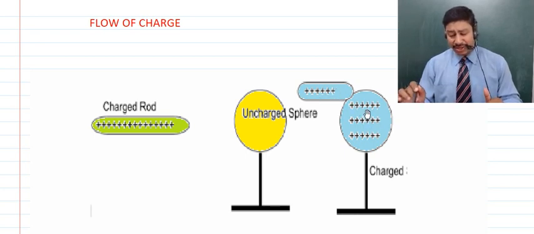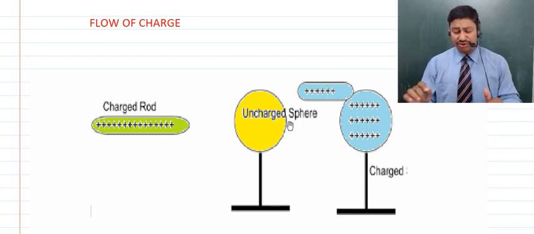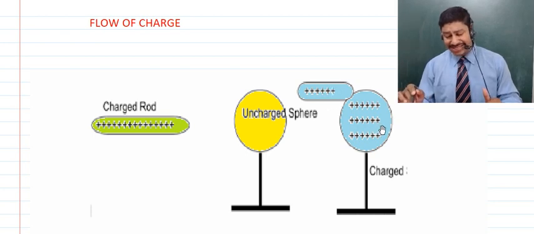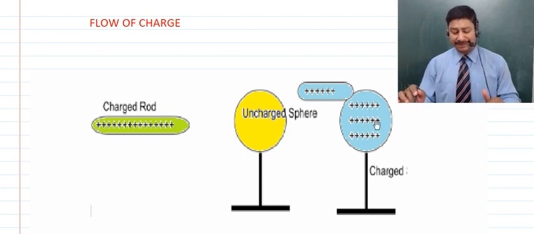As such, due to a deficiency of electrons which was there in this charged rod, the electrons which were in excess in this uncharged sphere moved over from the sphere to the rod, and as such there was a deficiency of electrons which was developed in both of these.